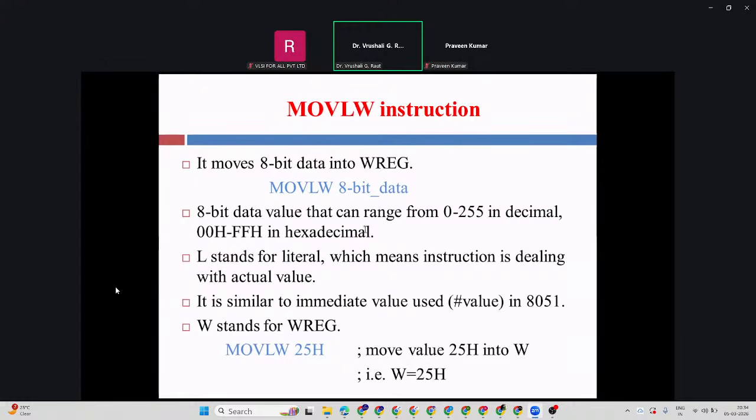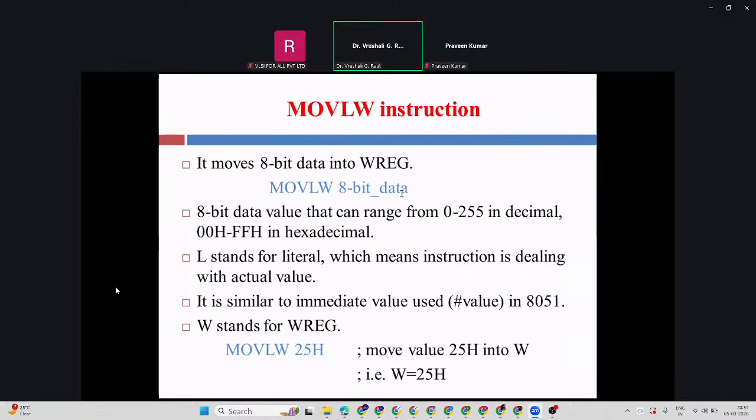The 8-bit data value, I told you, ranges from 00 to FF. L stands for literal, which means the instruction is dealing with the actual value. Whatever is given here is the actual value. Some instructions are there where the memory is addressed. But here, when we say L, it means we are addressing the actual data which is given here.